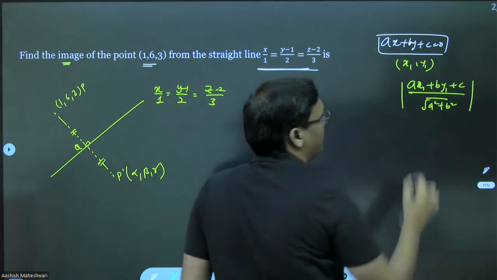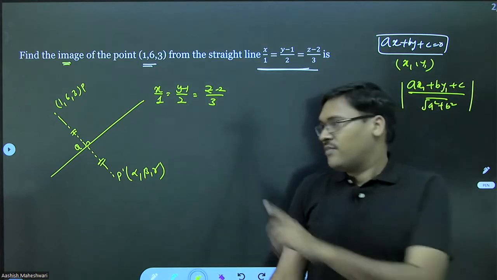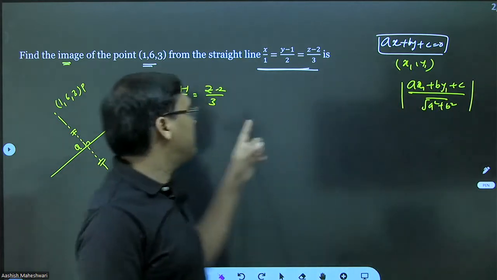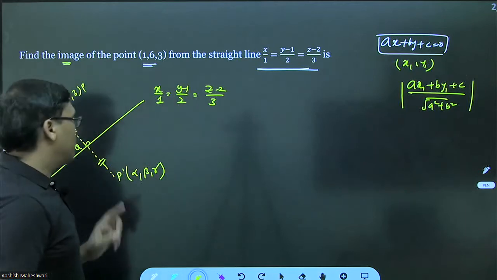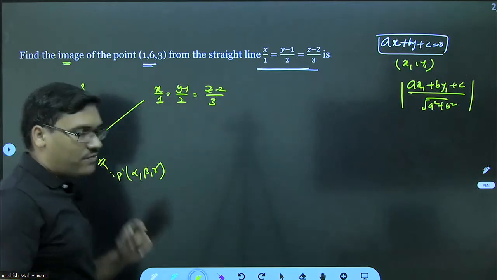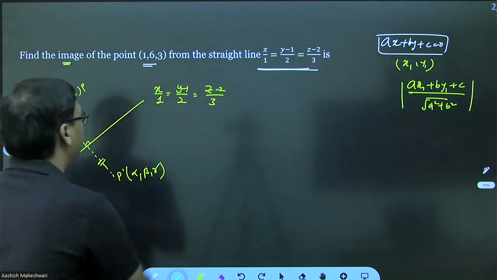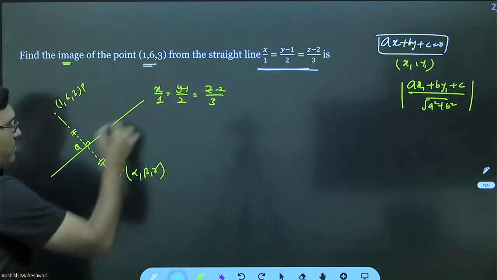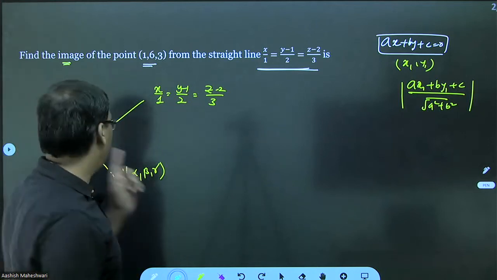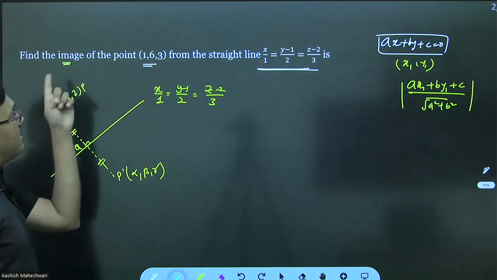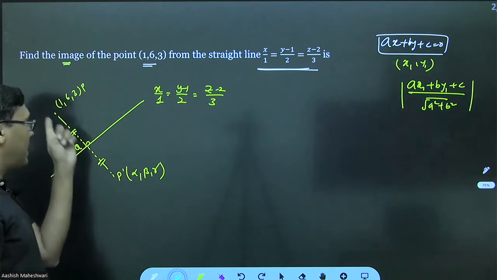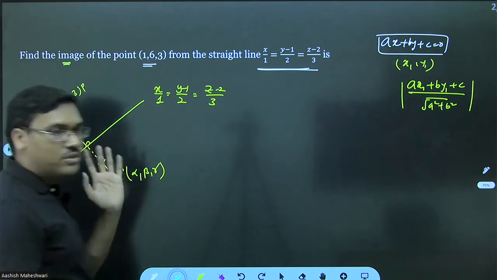This is the distance of the point in 2 dimensions. But we don't have any such formula for a straight line in 3 dimensions. So ultimately the question is, how will you find the point Q? Basically we are trying to get the coordinates of Q so that we can answer image, foot of perpendicular, and perpendicular distance. I'll give you all three answers.